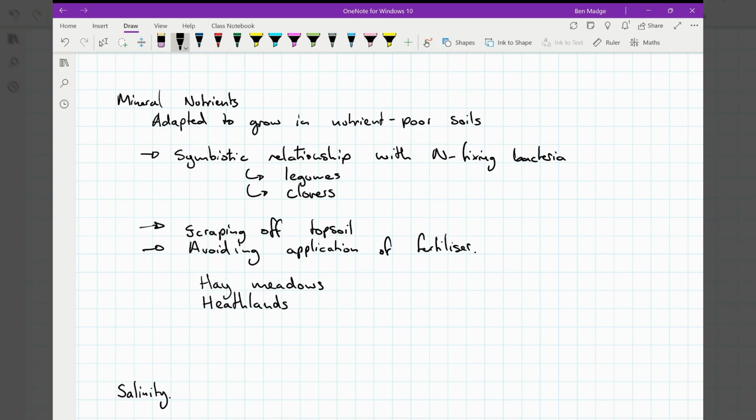And we have some species that are adapted to that. So for hay meadows, you have harebells or common eyebright, heathlands, things like gorse and heathers. Oh, and an example of the sort of clovers, legumes would be vetches in a hay meadow, and clovers, things like bird's foot trefoil.